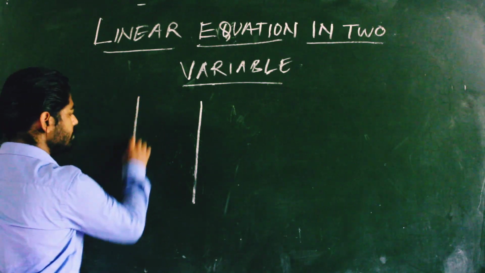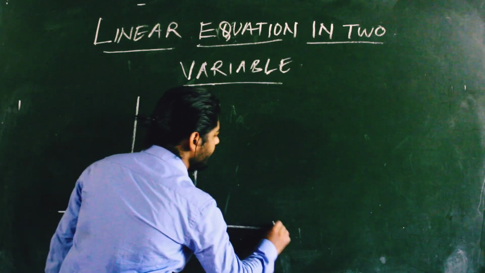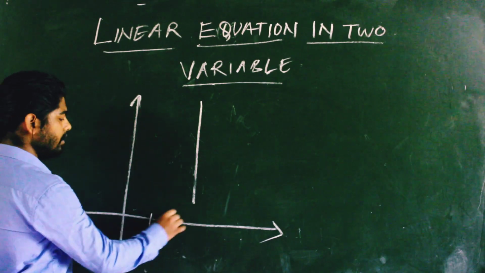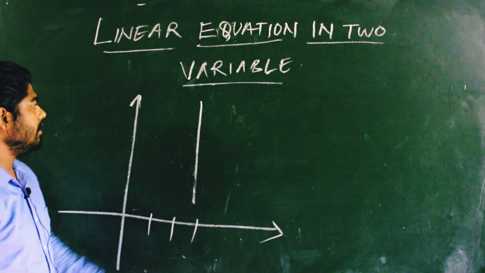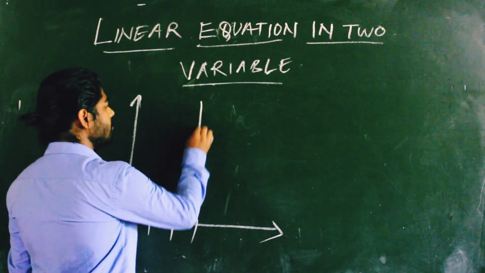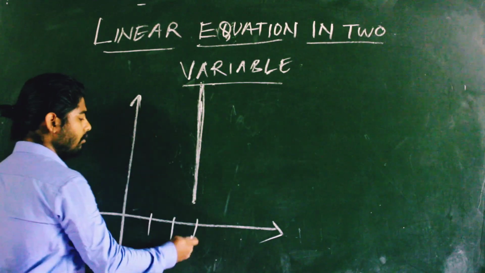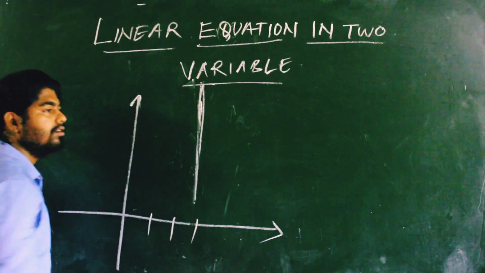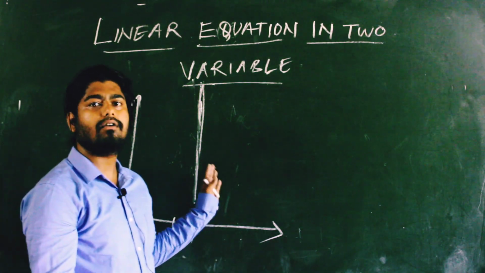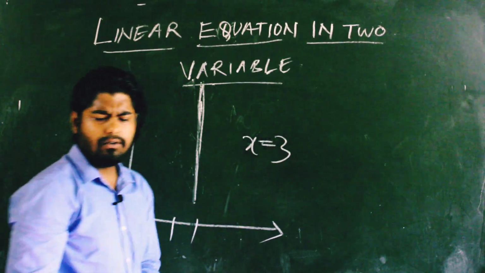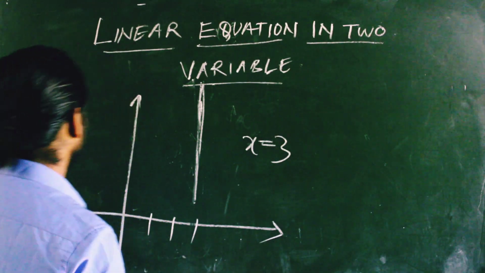So we will choose a graph, and now we can say what its coordinates are. Suppose 1, 2 and 3. So x is 3, and it does not vary. For x it is always the same. It will always remain at 3. So we can say it's a constant graph for x equal to 3. A lot of graphs you will get.